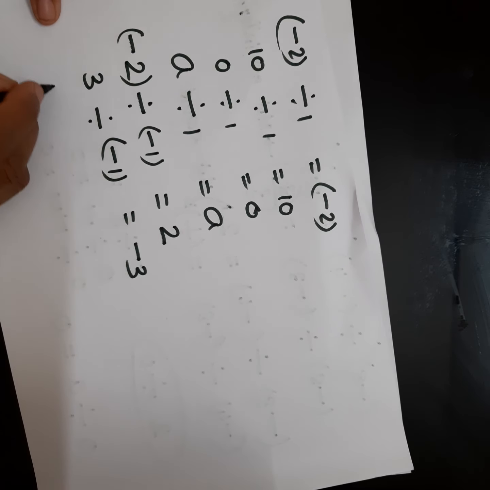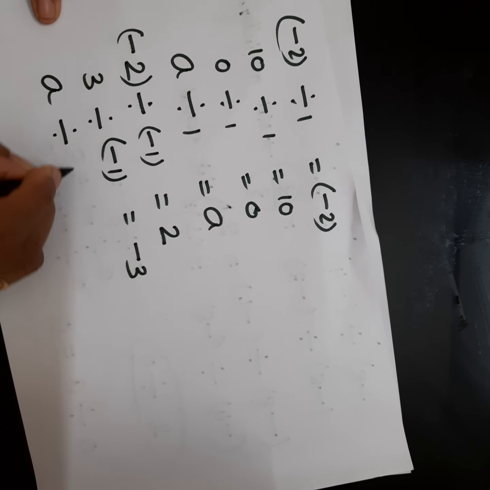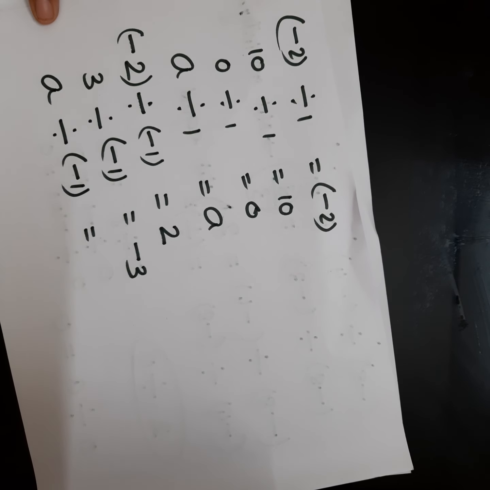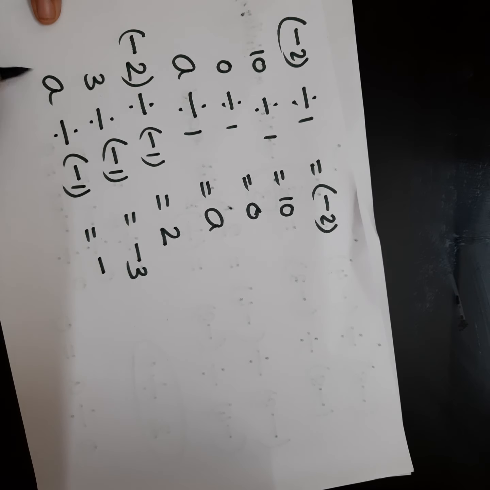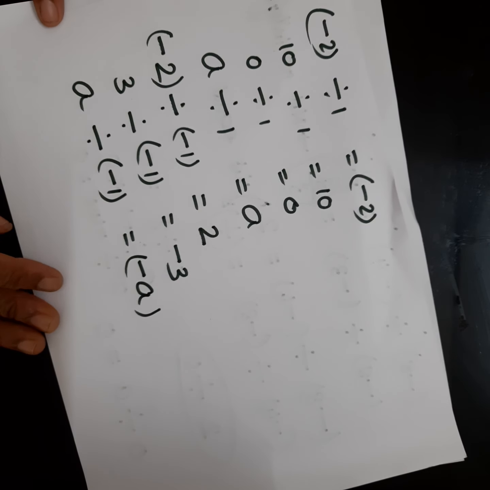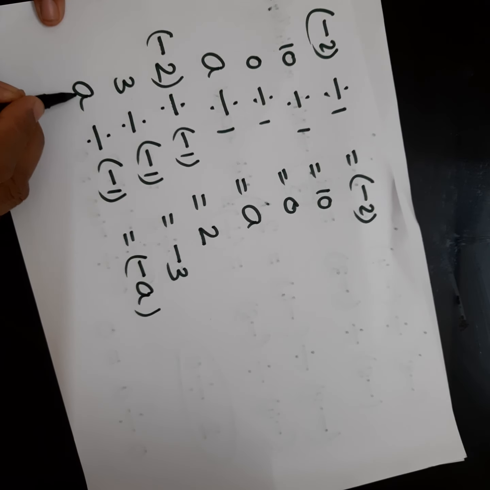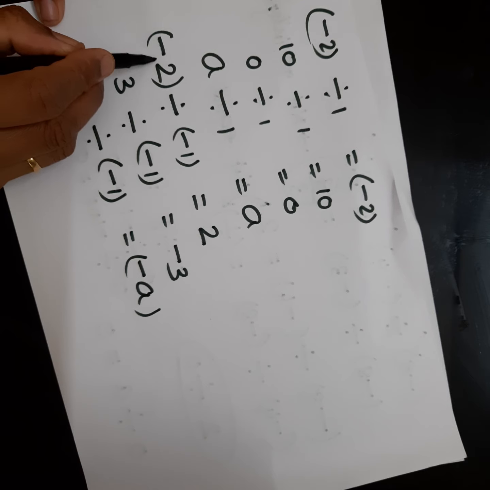Now for any integer a divided by minus 1, what will be the answer? a can be any integer. Here there is a minus sign in minus 1, so we will put minus. Minus a divided by 1 is minus a. Sometimes you may have a doubt: if a is positive, this is correct. If a is negative, what happens?